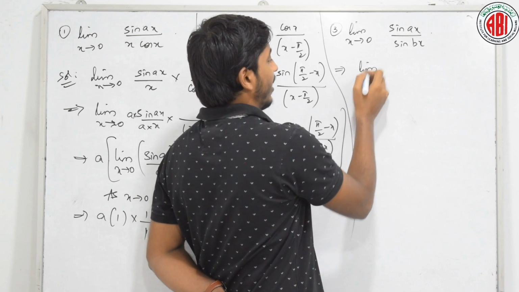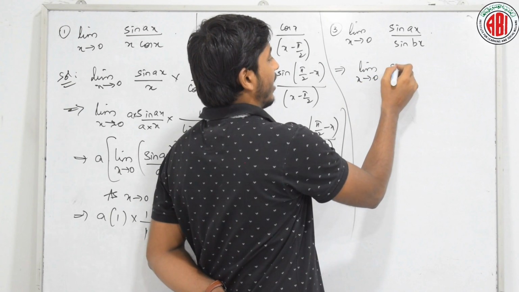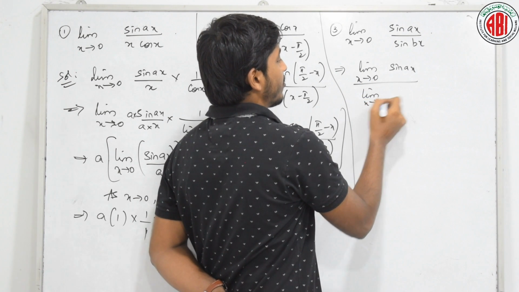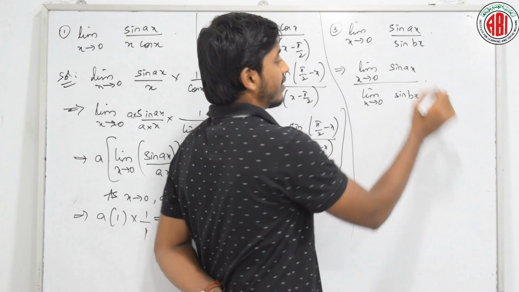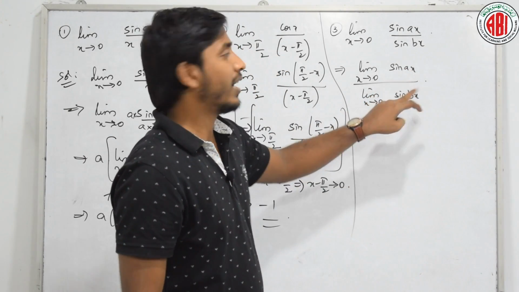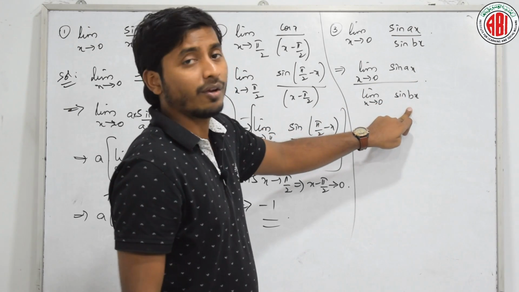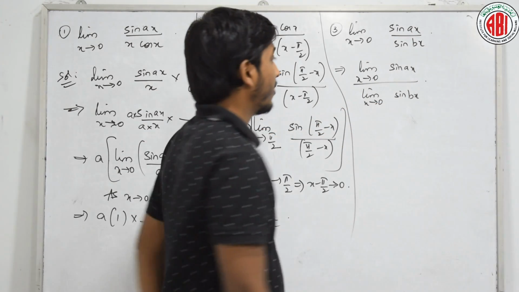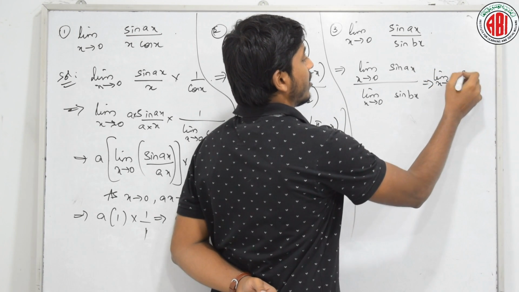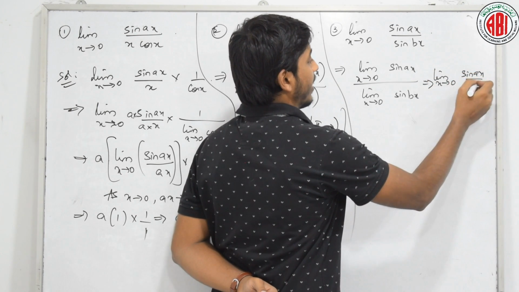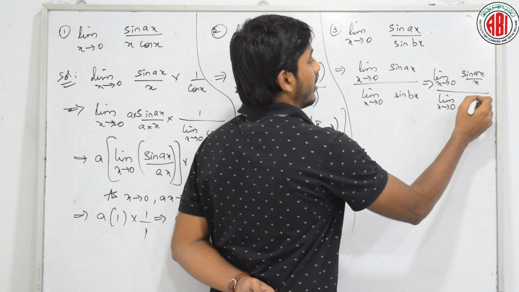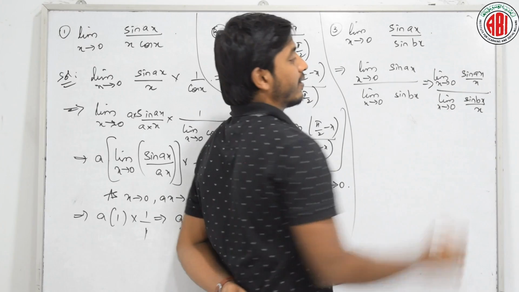Let us write it separately. Limit x tends to 0 sin ax by limit x tends to 0 sin bx. What to do now? Do we have x here? We don't have, right? Can I divide x for the numerator and denominator? We can do it. Let us do limit x tends to 0 sin ax by x divided by limit x tends to 0 sin bx by x.